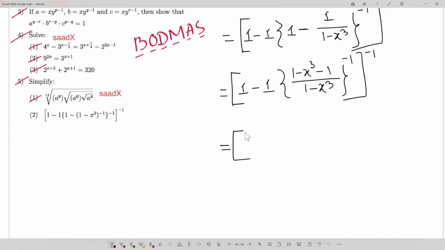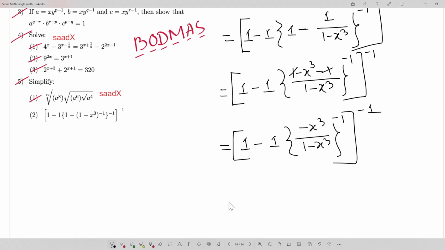Again the third bracket 1 minus 1, then here 1 and minus 1 are out, so here is minus x cube, 1 minus x cube whole to the power minus 1, again the third bracket also minus 1. Now look, the second bracket's power is minus 1, it's a negative exponent.